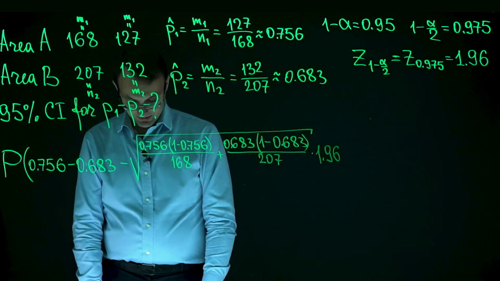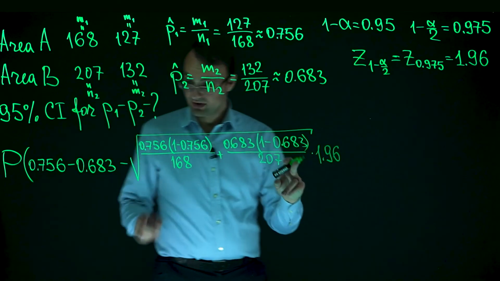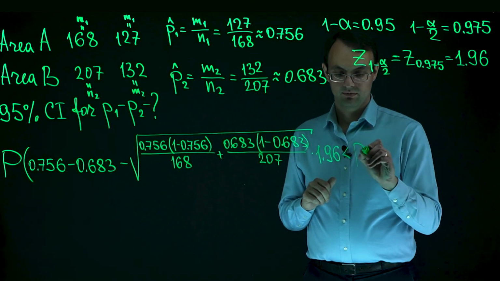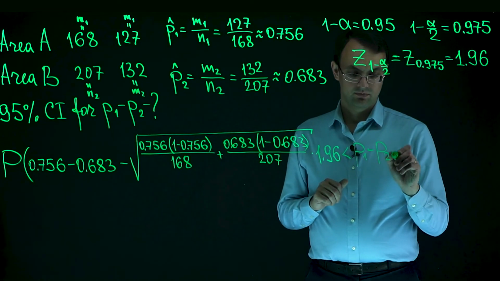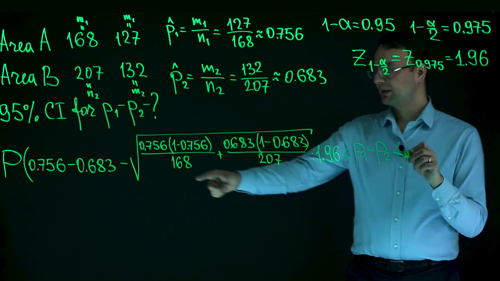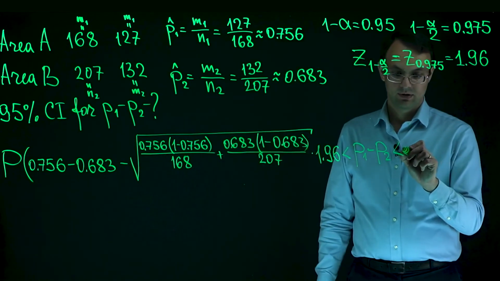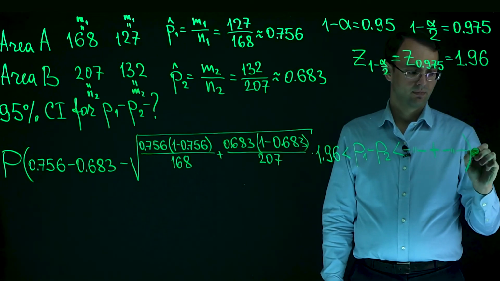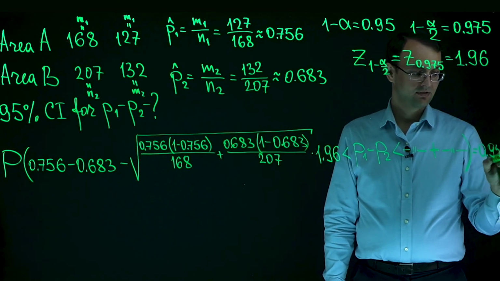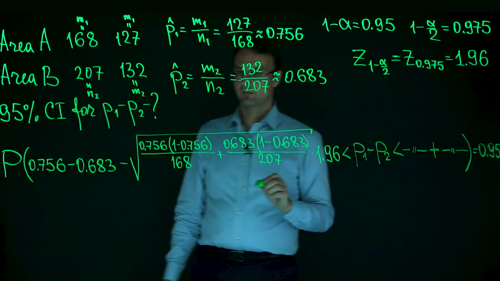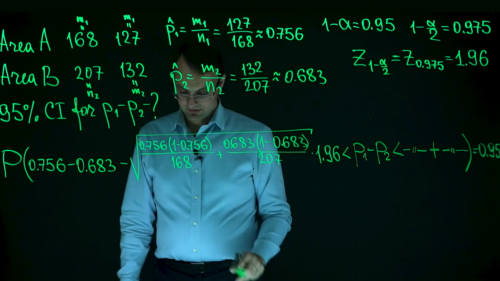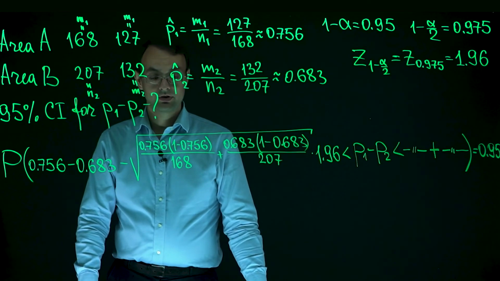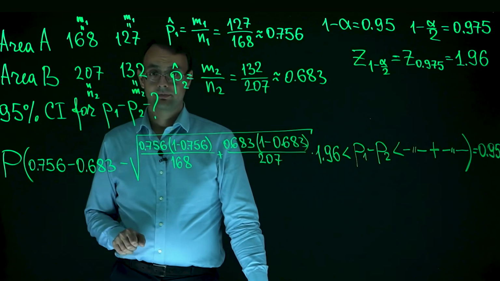This is the left endpoint. And here we have the same, but with plus, and the probability is 0.95. Now it's time to simplify these numbers.